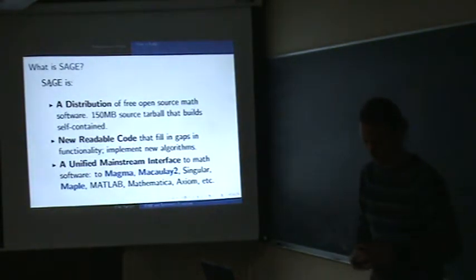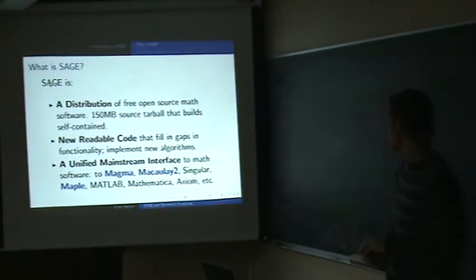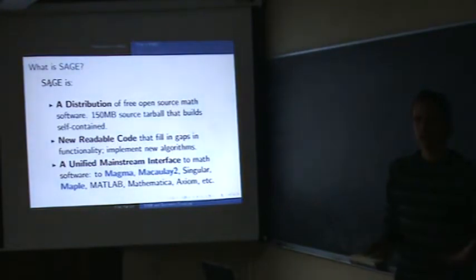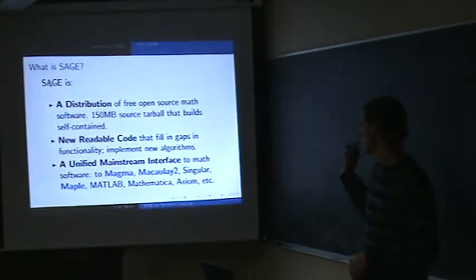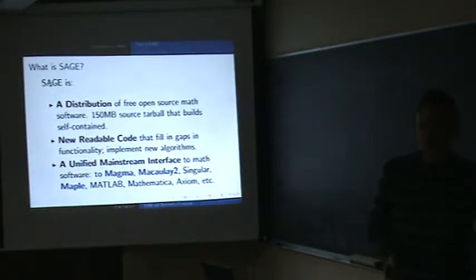One of the features of Sage that I find particularly neat is that it provides a unified interface to much of the existing mathematical software. For example, Magma, Macaulay 2, Singular, Maple, MATLAB, Mathematica, Axiom, and many others.